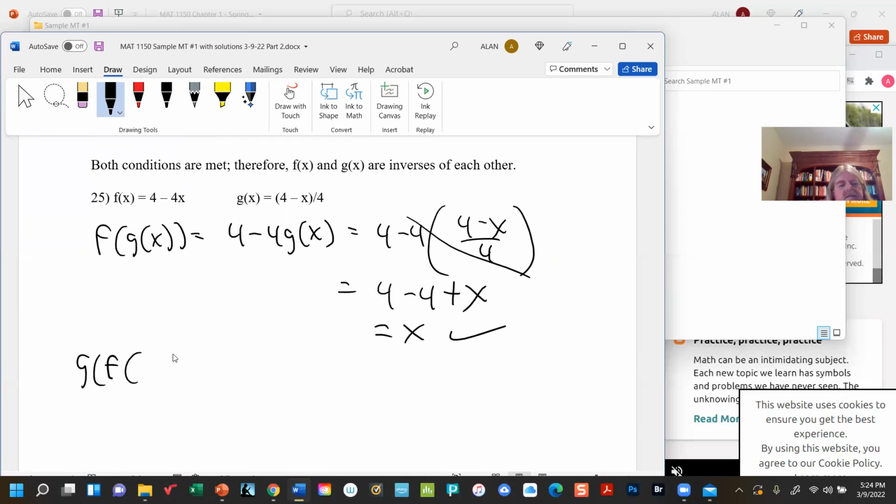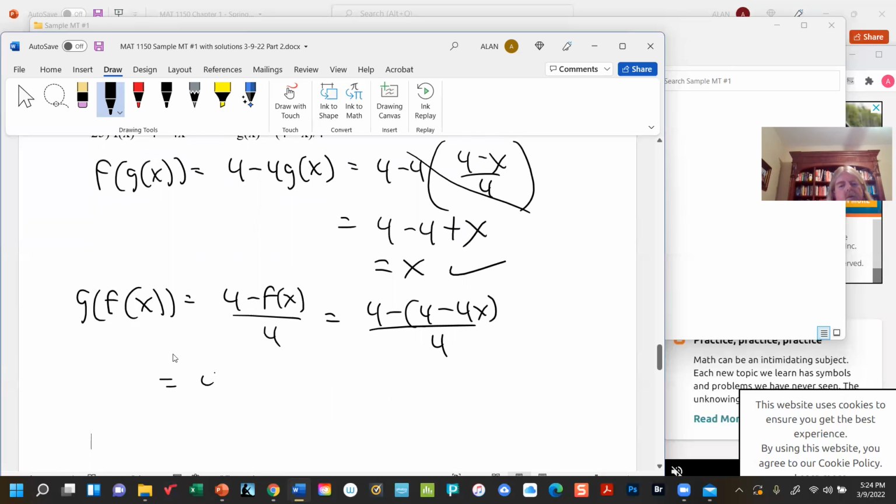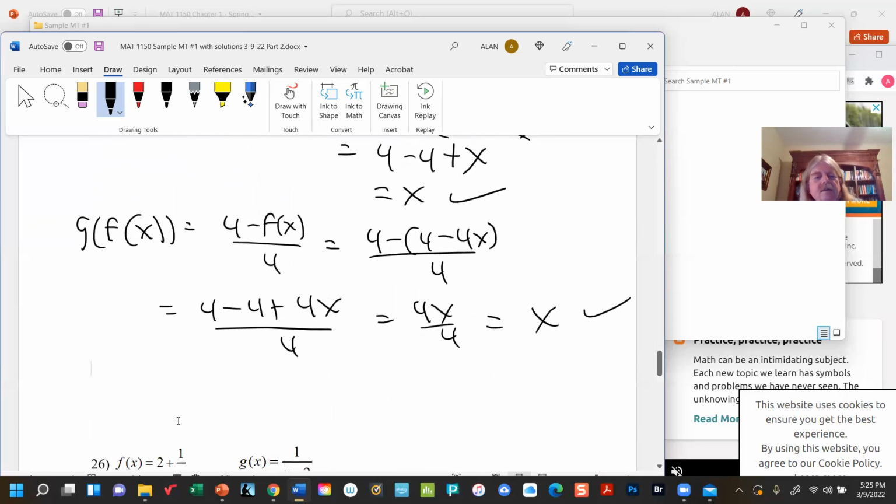G of f of x is 4 minus f of x over 4. Okay. 4 minus 4 plus 4x over 4. This one works too. Beautiful. All right, so once again, we conclude that both conditions are met. Therefore, f of x and g of x are inverses of each other.